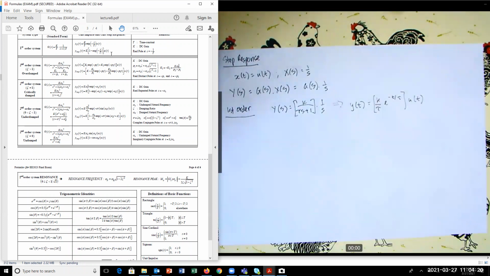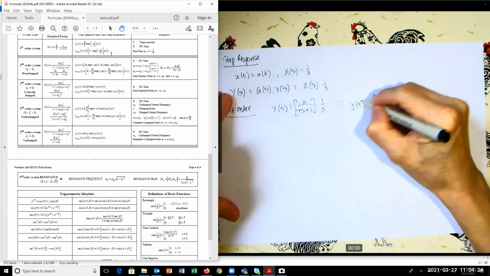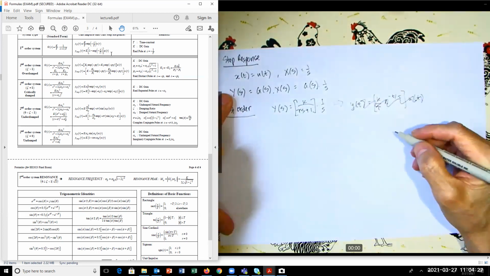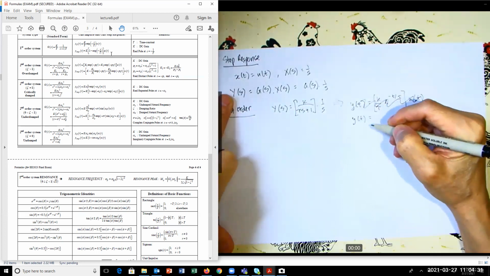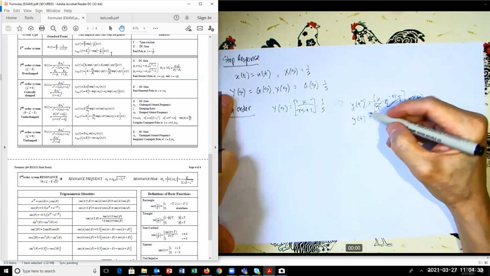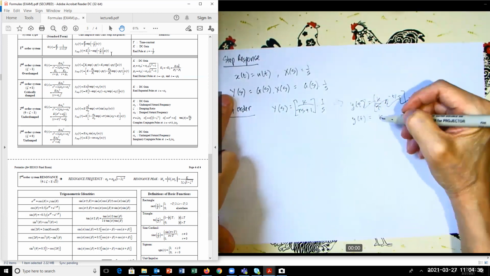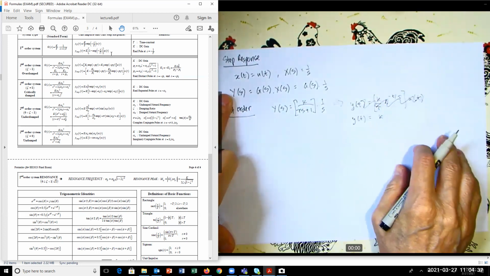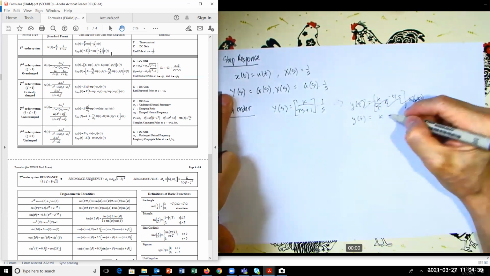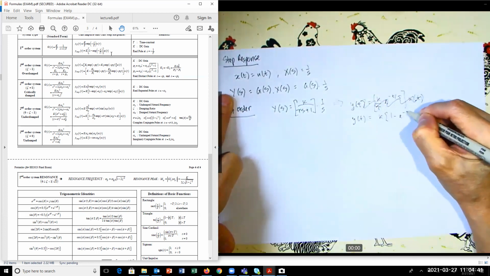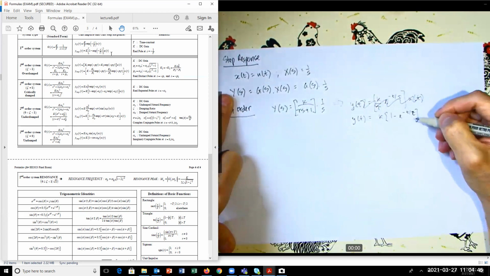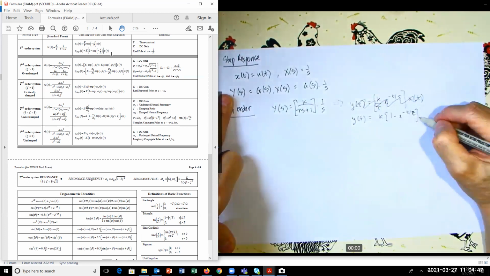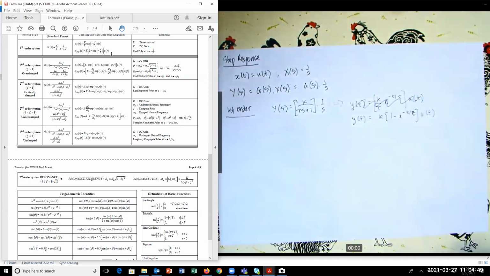No, sorry, I wrote the wrong one. It's the second one: y(t) will be K times (1 minus e to the minus t over tau) times u(t). So that's for the first order.